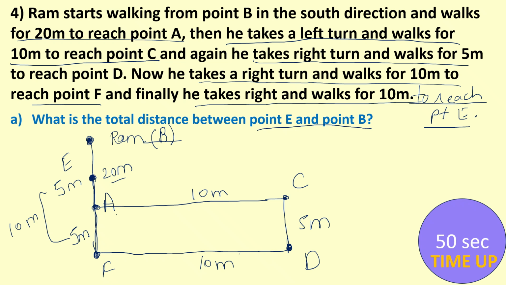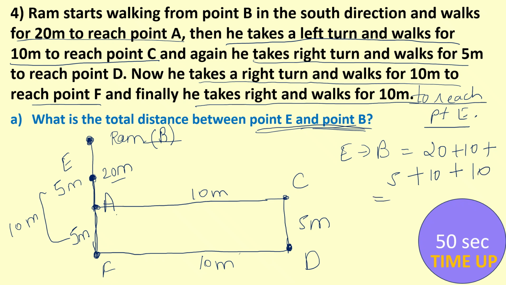So what they have said, what is the total distance between point E and point B? Okay, so one more thing. It should be like point E to B. So it is what? 20 plus 10 plus 5 plus 10 plus 10.